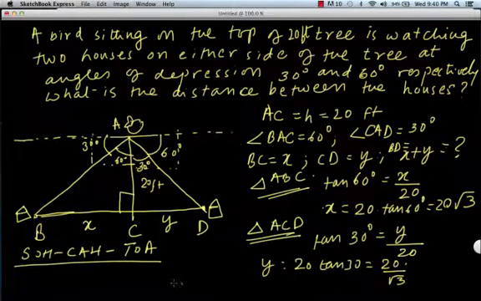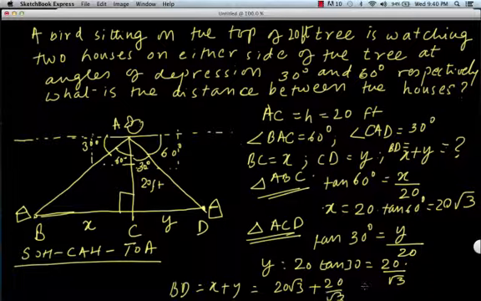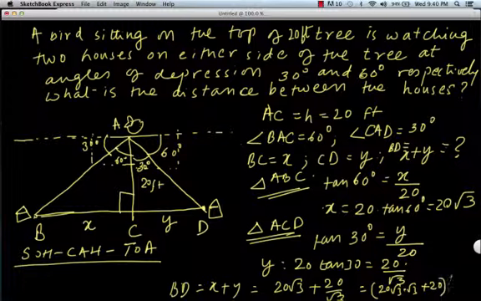So the problem asks us to calculate BD, which is x plus y, which is 20 root 3 plus 20 by root 3. This is equal to 20 root 3 times root 3, which is 60, plus 20, divided by root 3, which is equal to 80 by root 3.